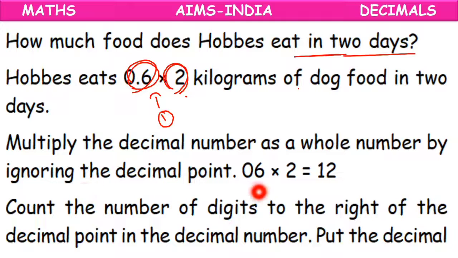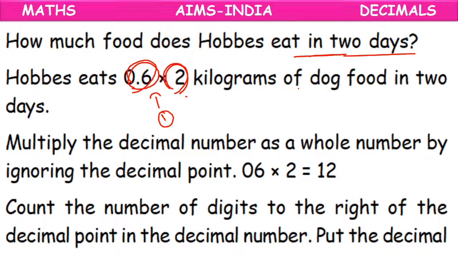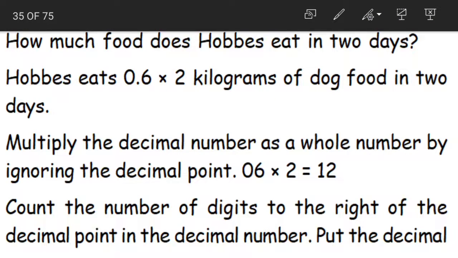See, count the number of digits to multiply the decimal number as a whole number by ignoring the decimal point. Yes, that is what we have done. 0.6 into 2 is equal to 12. Now count the number of digits to the right of the decimal point in the decimal number. Yes, if you look at here, to the right of the decimal point, we are having only one digit.